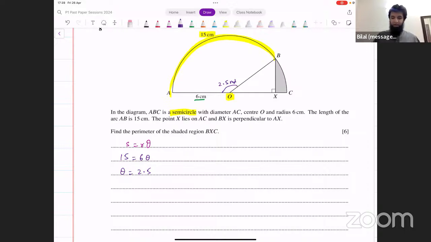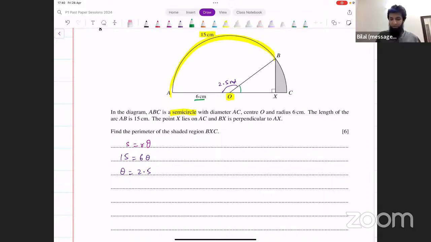Now that we've got that angle, we need these 3 lengths: BX, XC, and BC. First of all, let's start with the angle, because that is pretty obvious now. What's this angle going to be? It's going to be pi minus 2.5.